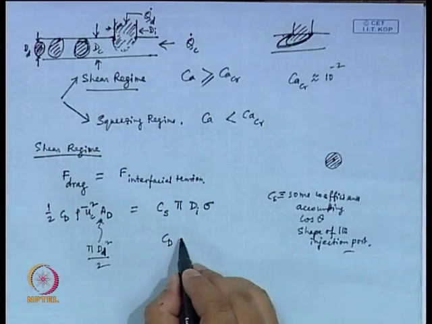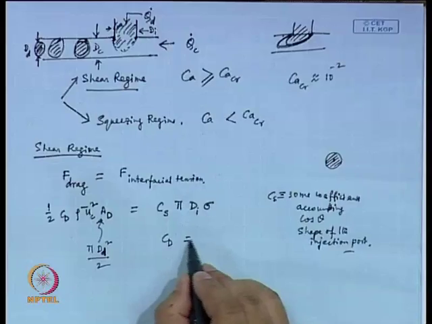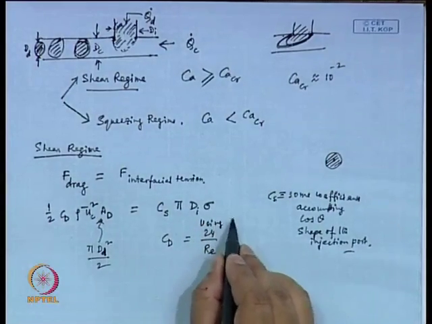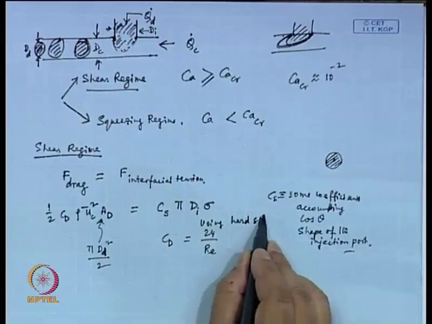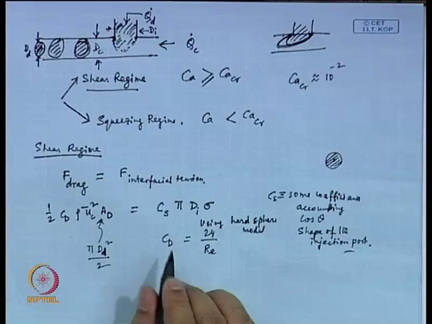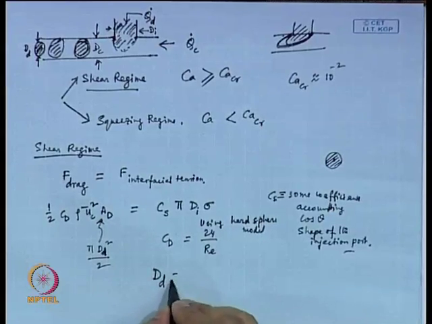Using the hard sphere model, C d is equal to 24 by Reynolds number. So, C d would be 24 by R e. In that case, what would be the droplet diameter?